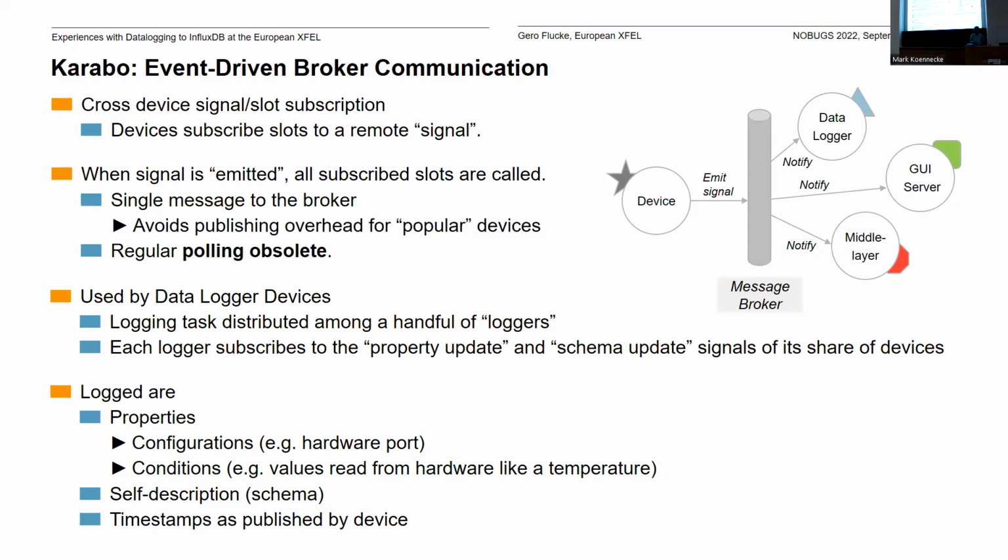It's all these properties, where we do not really distinguish between configurations, like the hardware port of a camera, or conditions, like a value read from the hardware, like a temperature. Also this self-description, the schema, is stored, and the timestamps are propagated to the system from the original device and then stored in the database.